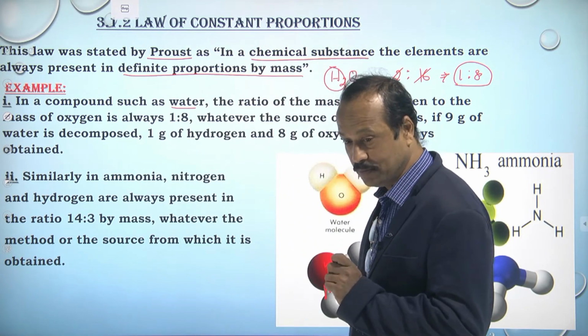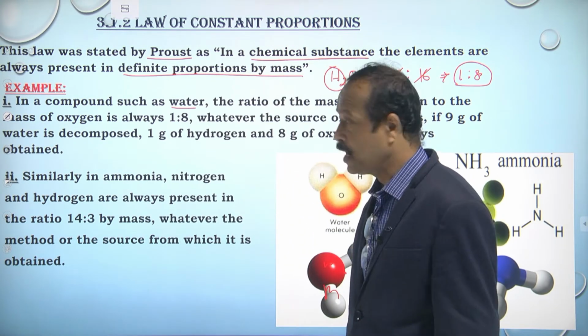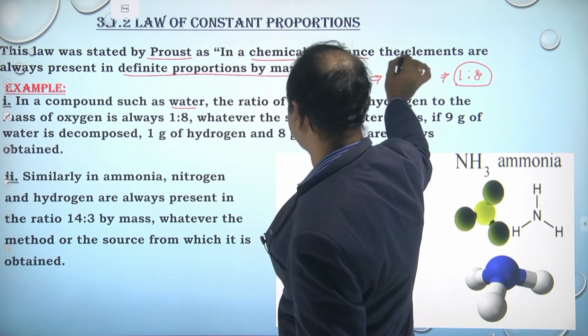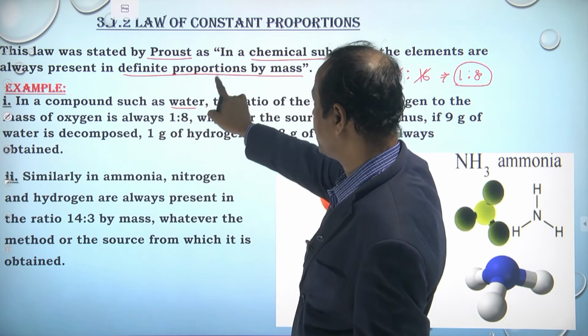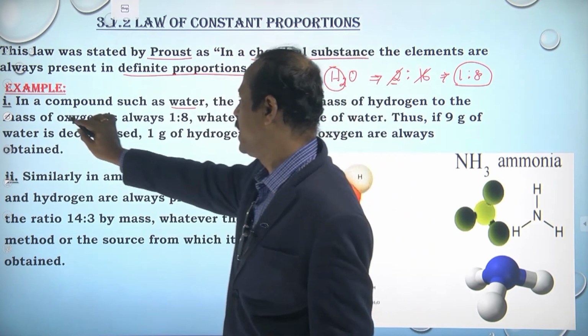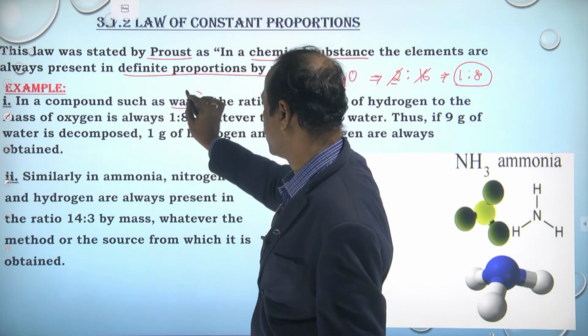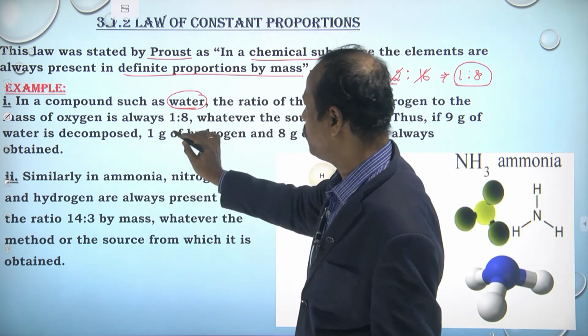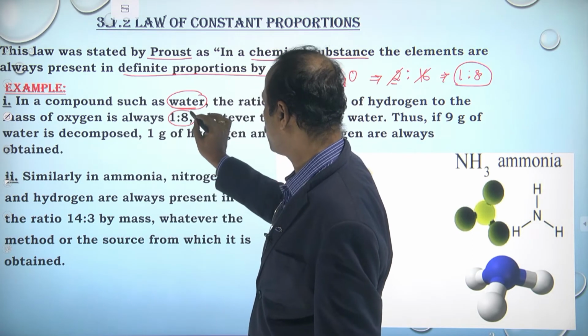Is this clear to you? So, the law of constant proportions: in a chemical substance, the elements are always present in definite proportions by mass. For example, in a compound such as water, the ratio of the mass of hydrogen to the mass of oxygen is always 1:8.